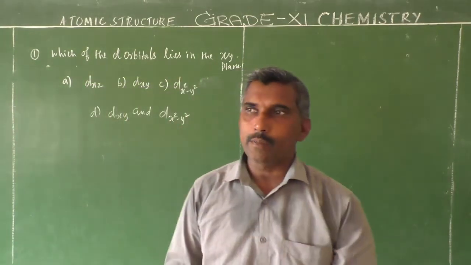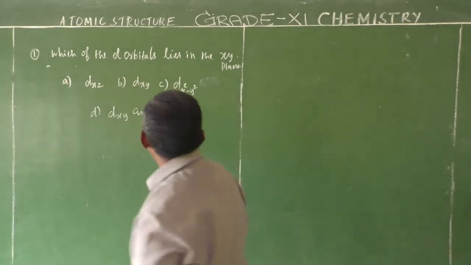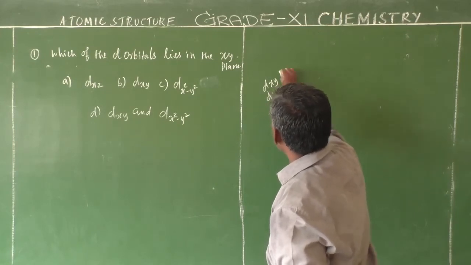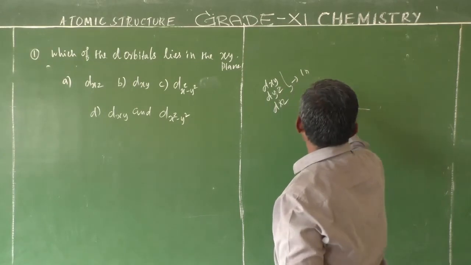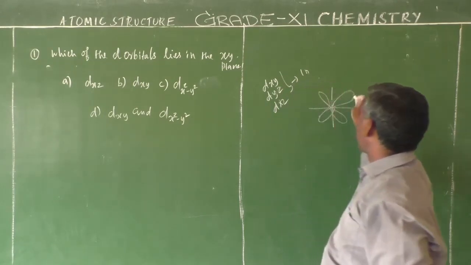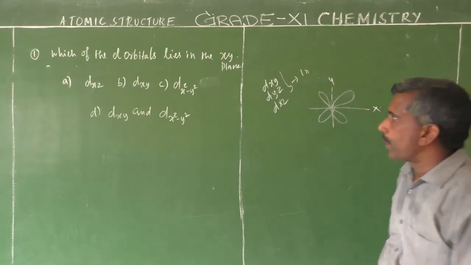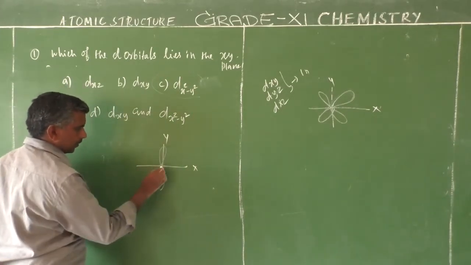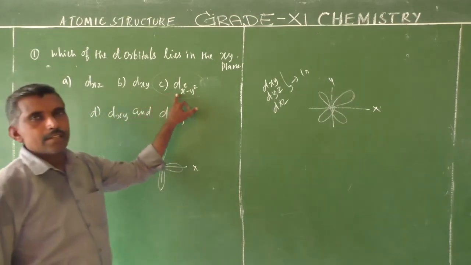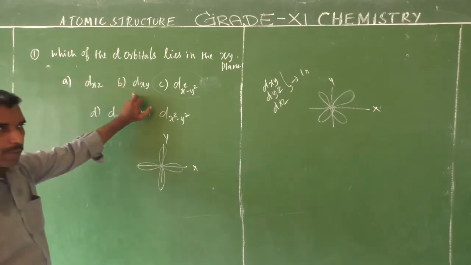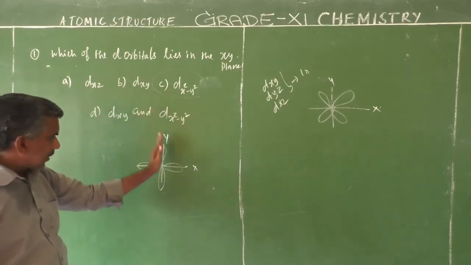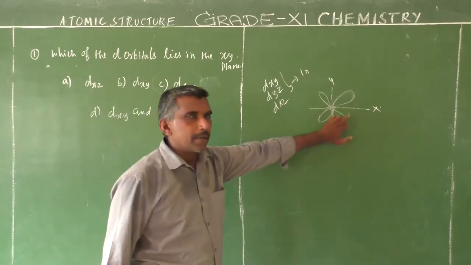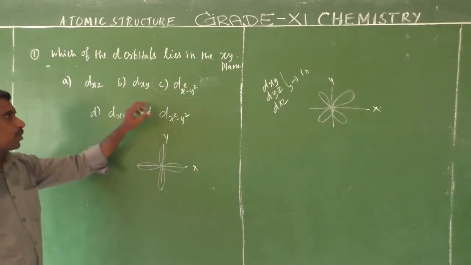The d orbitals dxy, dyz and dxz lie in between the axes. Only the dx squared minus y squared orbital lies in the plane. Option A is not correct, option B is not correct, because they lie in between the axes. C lies on the plane. In D, two orbitals are given, dxy lies in between the axes, not in the plane, so this option is wrong.